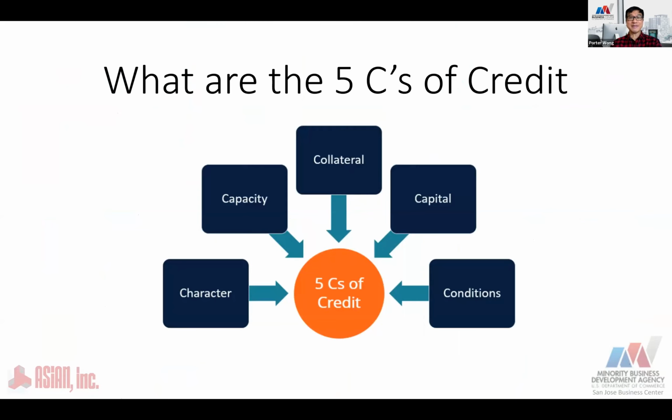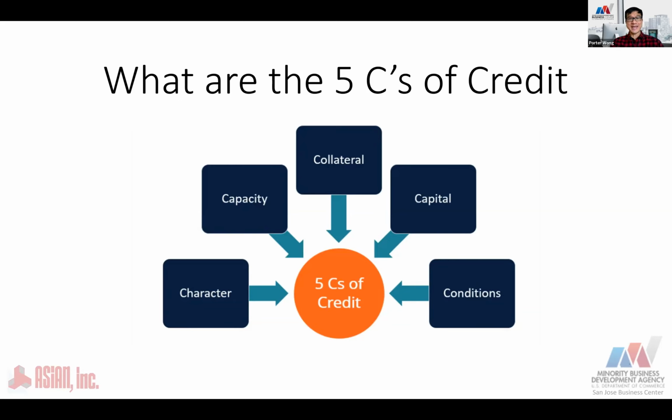That is something the lender or investor uses as part of the qualification process to check the creditworthiness of the small business or individual, and see whether they are a good candidate to receive the loan. So there are 5 C's: character, capacity, collateral, capital, and conditions.